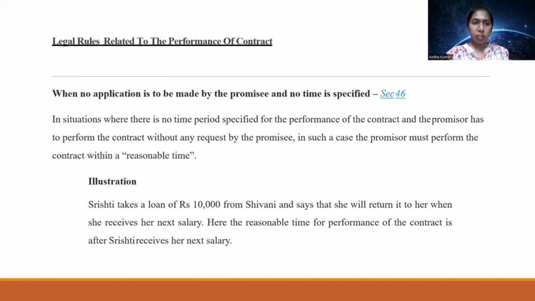When no application is to be made by the promisee and no time is specified. For example, when two parties enter into a contract, both parties have to clearly mention at what time they have to perform the contract, or in which place they have to perform it. For example, I'm visiting Saravana Stores. I have ordered some home appliances, but I could not carry the goods along with me.